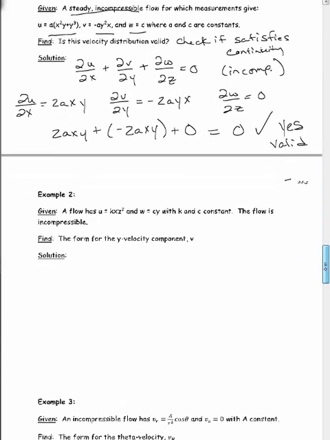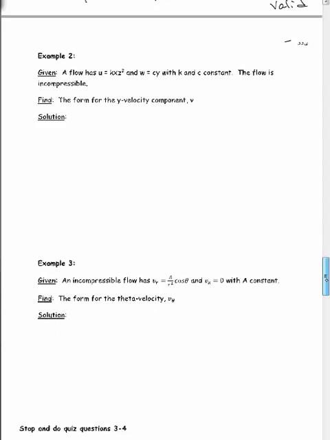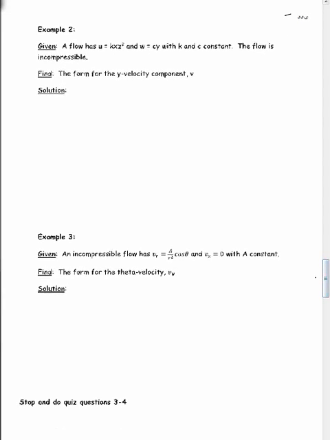Okay. Another type of problem we can have with this is, we're given u and w but not v. We want to use continuity to figure out what v looks like. So again, rectangular, du/dx, and I can tell it's rectangular because I'm given u's and w's, dv/dy plus dw/dz equals 0.